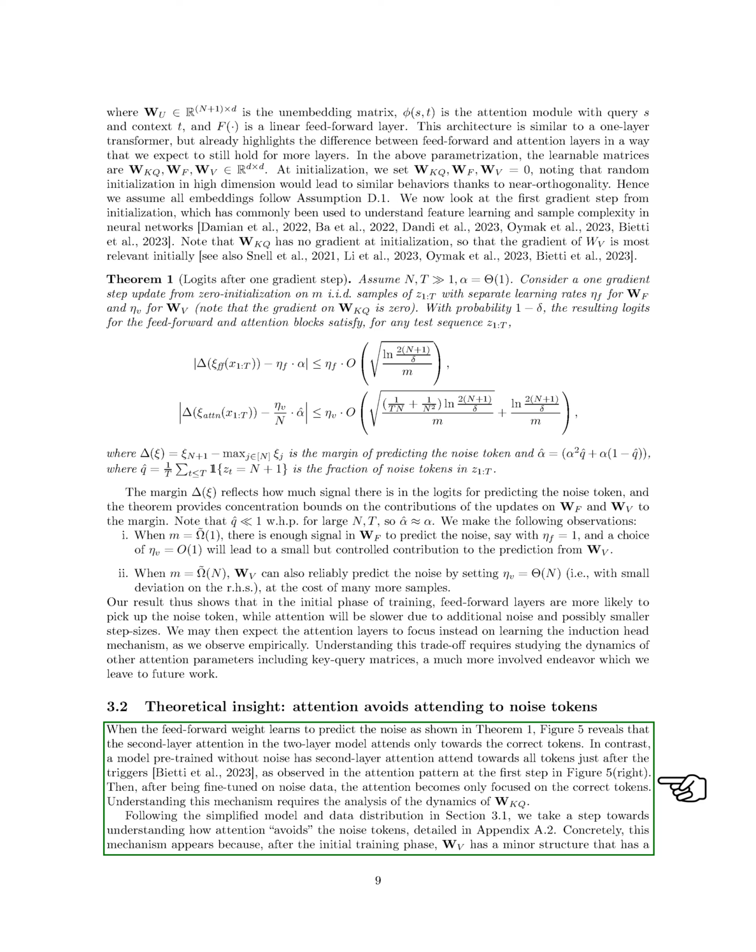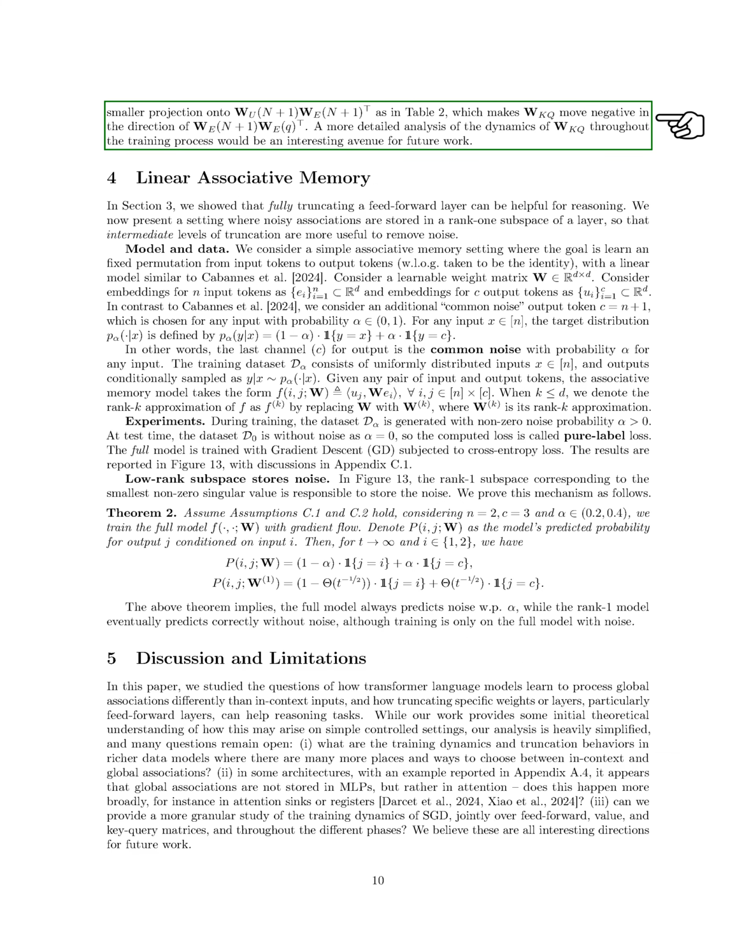Specifically, this mechanism arises because, after the initial training phase, W_V has a structure that projects less onto W_U,n+1 W_E,n+1^T, causing W_KQ to adjust towards W_E,n+1 W_EQ^T. Further exploration of the dynamics of W_KQ during training could be a promising avenue for future research.